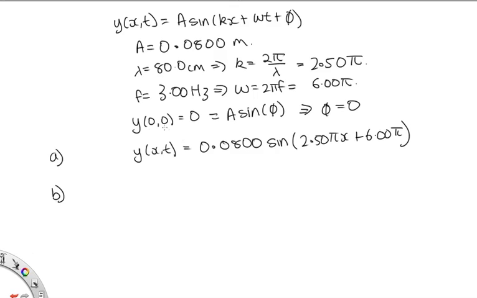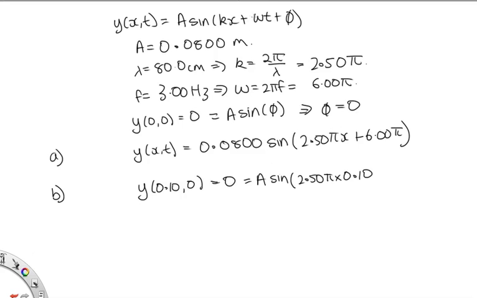For part B, we need to choose our phase constant because we're now told that y at 10 centimeters, so 0.10 meters and 0 seconds is equal to 0. Okay, so what this tells us is that this is equal to A sine kx, so k is 2.50 pi and x is 0.10.